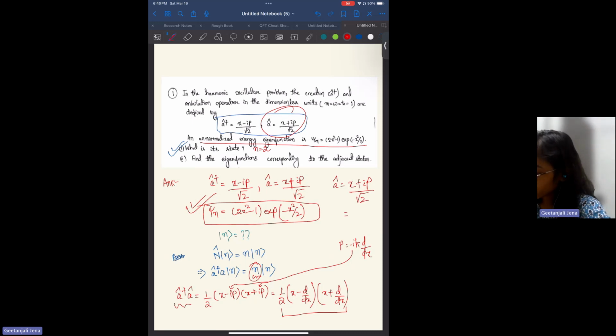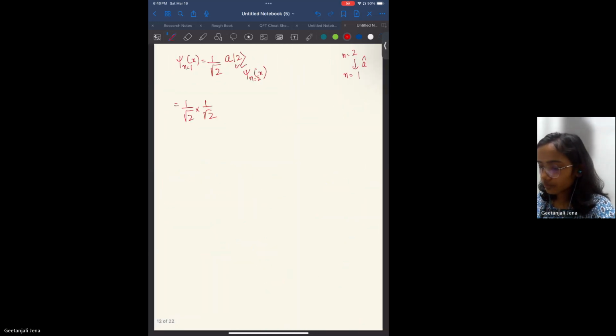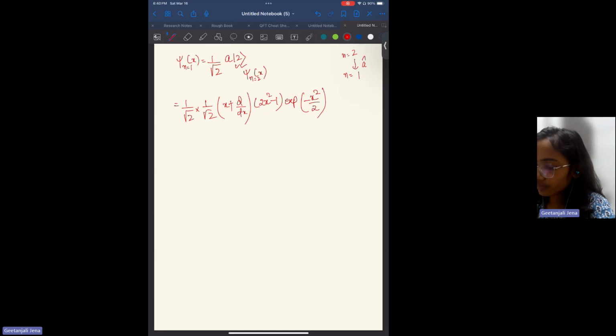So this will be nothing but x plus d by dx. So here it is x plus d by dx acting on psi 2 of x, which is given to you, 2x square minus 1 exponential minus x square by 2.